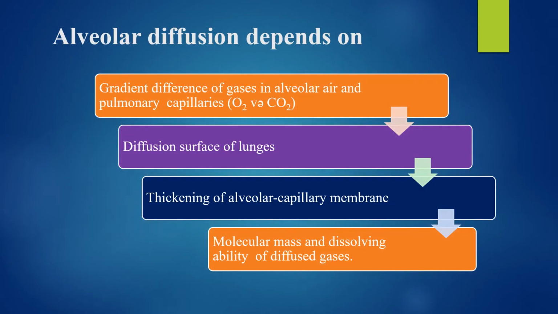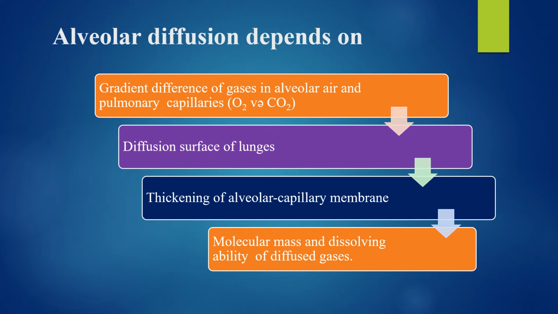The volume and rate of alveolar diffusion depend on various factors. The first is the difference in gas gradients of oxygen and carbon dioxide in the alveolar air and pulmonary capillaries. At a low partial pressure of oxygen in the atmospheric air, alveolar diffusion weakens.